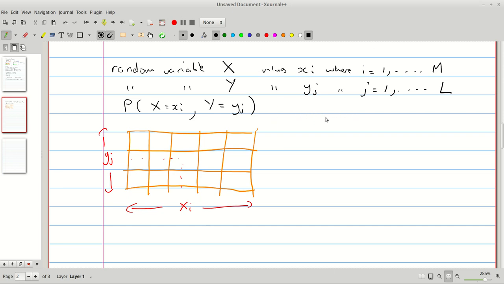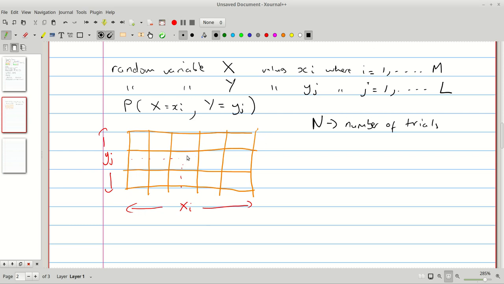So we repeat an experiment n times. This is the number of trials, which is how many times we perform this experiment where we're sampling from x and y.